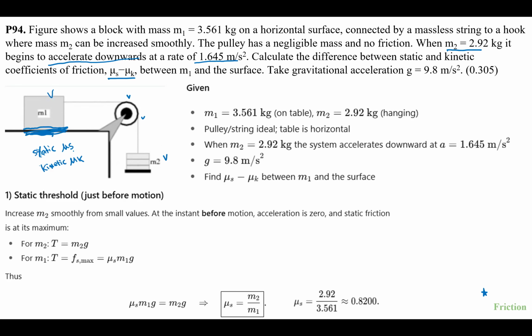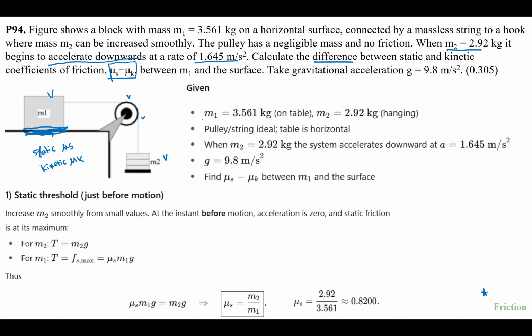The μs is, as the name stands for, the frictional coefficient when M1 does not move, and the kinetic frictional coefficient is when M1 moves. The problem is to calculate the difference between the static and the kinetic coefficients. This is what we need to find out.